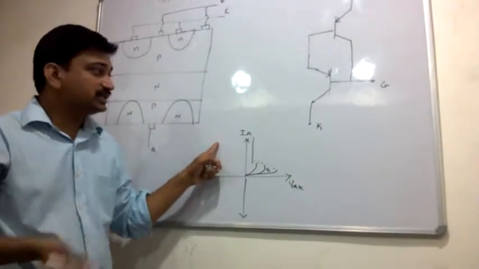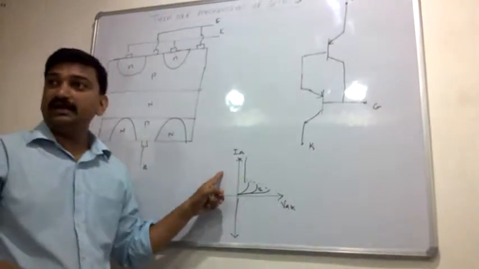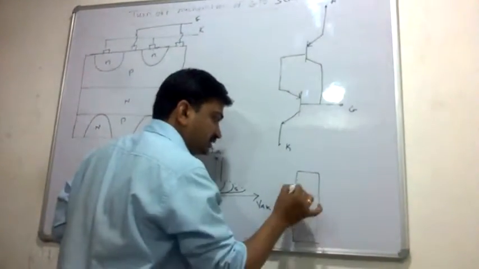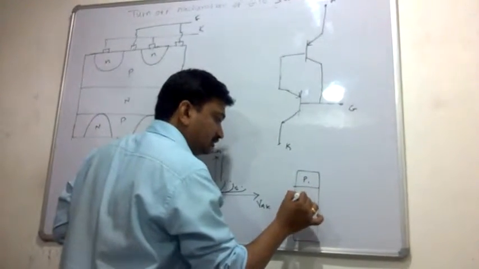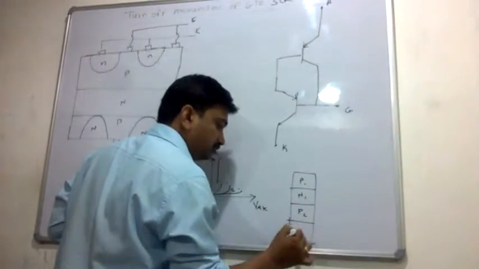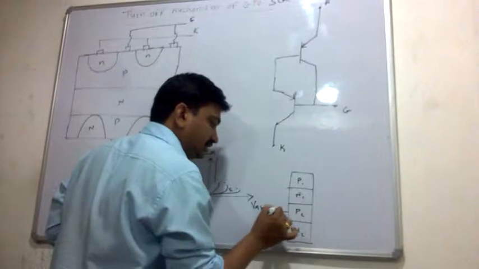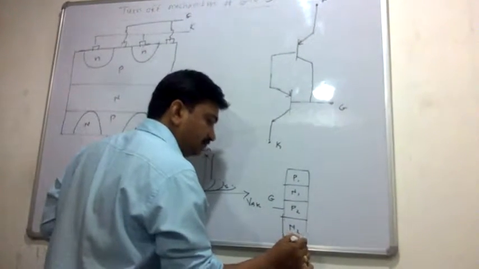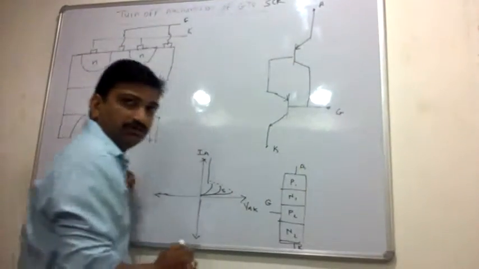So what is the difference between the gate turn-off SCR and the normal SCR? This is the normal SCR, the simple P1, N1, P2, N2. This is the gate terminal, this is the cathode terminal, and this is the anode terminal.